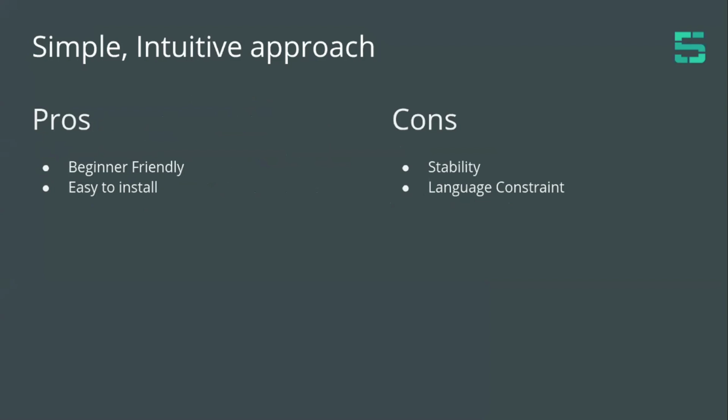But there are some cons, like language constraint. If the host is written in Go, then we cannot use any other language, for example Python. We have to write the plugin in Go itself. Another is stability. What do I mean by stability here? Our host will work fine if there is no plugin.